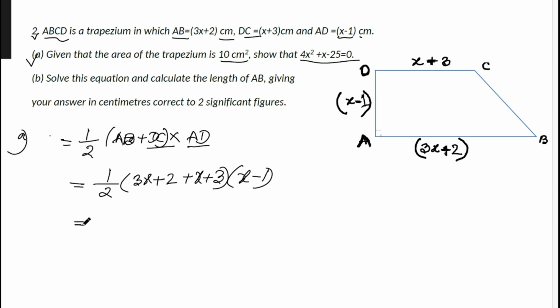So if we reduce this expression, we will get 1 over 2, that 3x plus x, it will be 4x. Here plus 2 and plus 3, it will be plus 5, and here we have x minus 1 also.